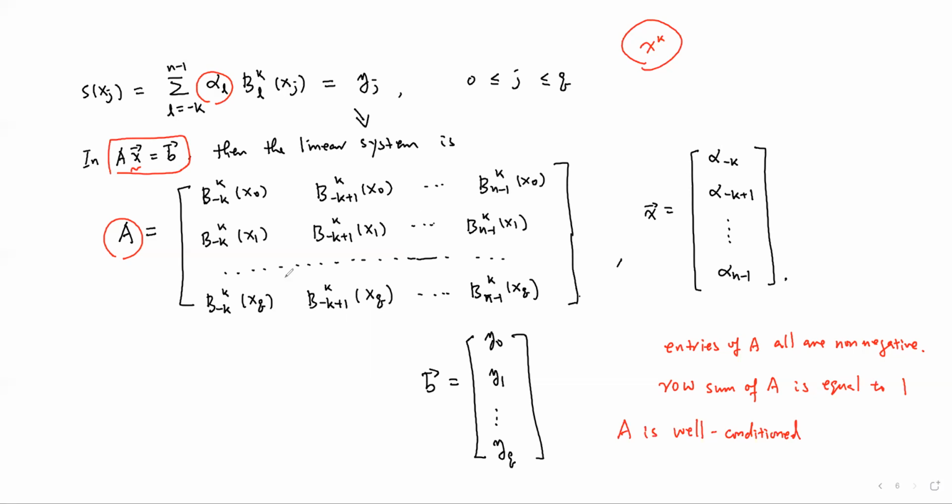This is a spline interpolation. This is the problem about spline interpolation. Now next step, we need to compute the entries in this matrix. After we compute the entries of this matrix, we have a linear system. Then solve the linear system, we have alpha.